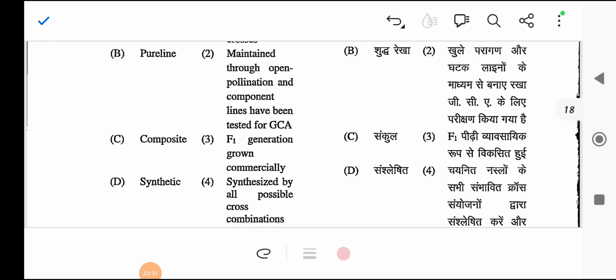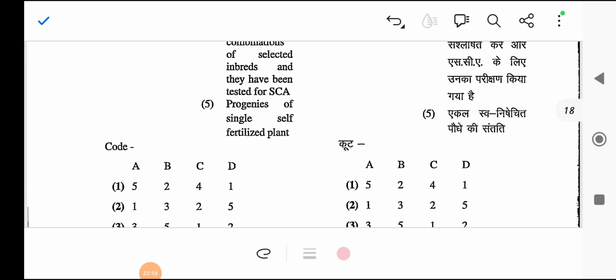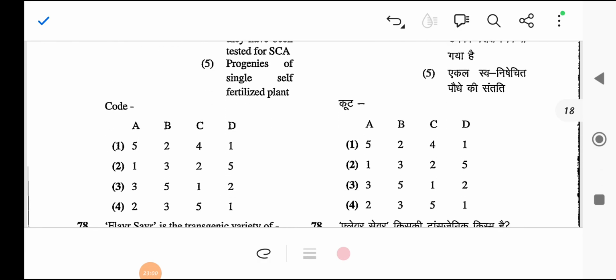So synthetic is when there is open pollination. Pure line is when a single generation is produced by self fertilization. Hybrid is F1 generation when grown. Composite is random mating, generation of crosses. Synthetic is open pollination and the component lines have been tested for GCA. So answer is 3.